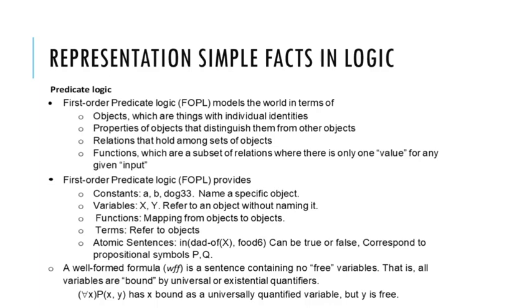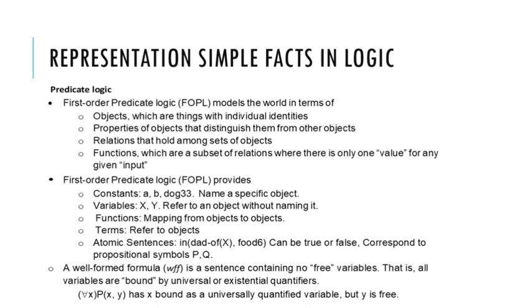So in first order predicate logic we will identify or consider and use symbols for the objects too, right? Secondly, properties of an object that distinguish them from other objects, with properties, that is ultimately what we have seen here, the identities and their properties. Third, it will talk about the relations that hold among a set of objects.